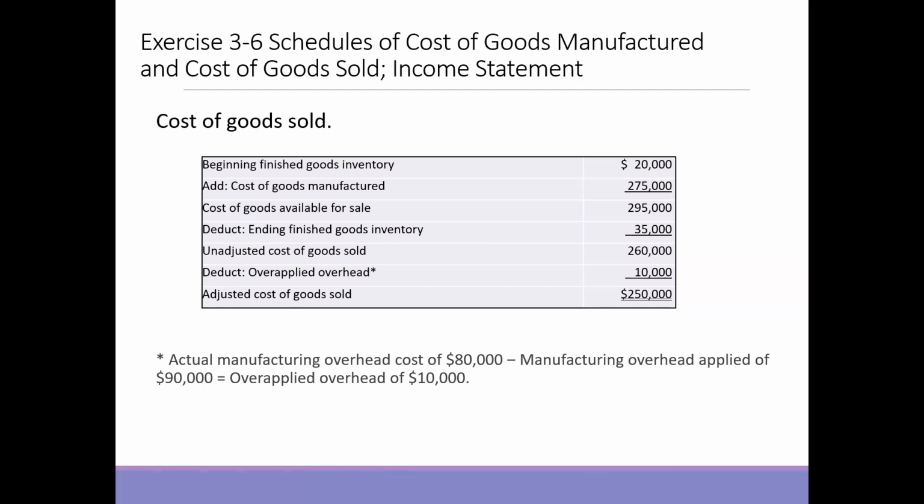If we've underapplied it, we're going to add it to really come up with what cost of goods sold should be. It's at this time we'll adjust it. We overapplied 10,000, that's why we're subtracting that difference.